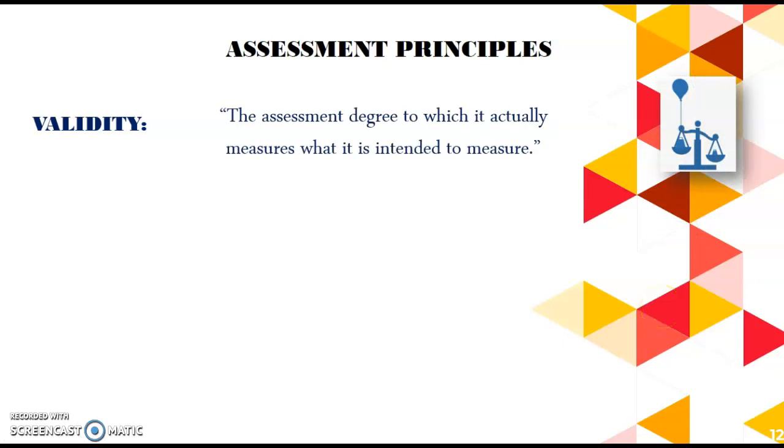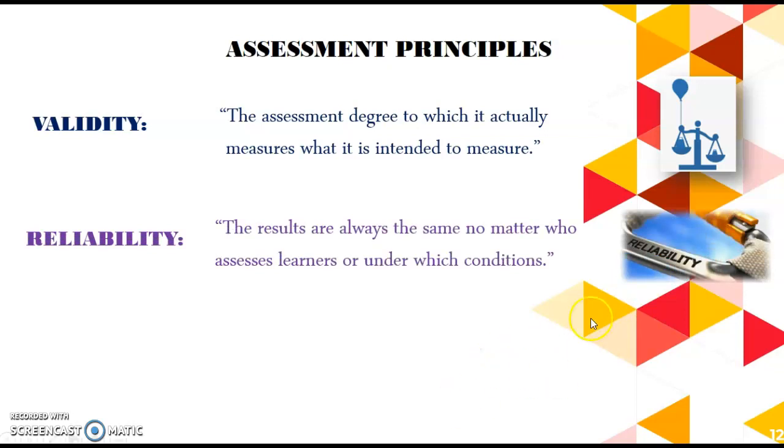So by validity, we mean the degree to which the assessment actually measures what it is intended to measure. Then the instrument has to be reliable. So this means that no matter if I created the scoring tool and another teacher is assessing my students, the results should always be more or less the same.